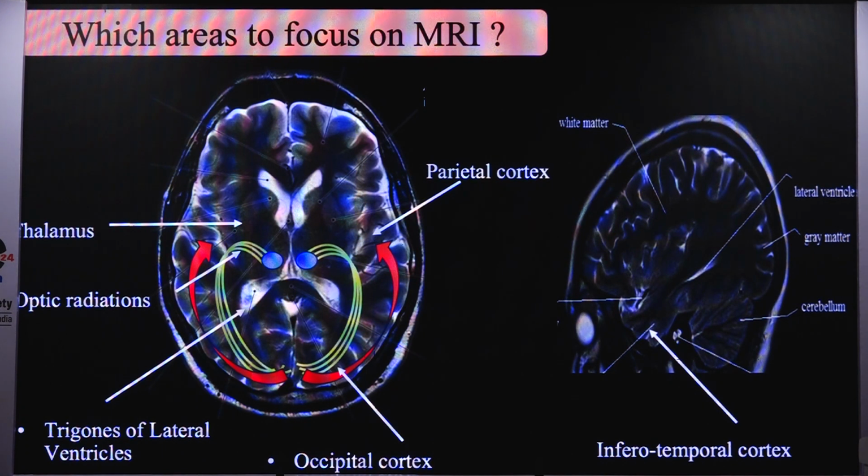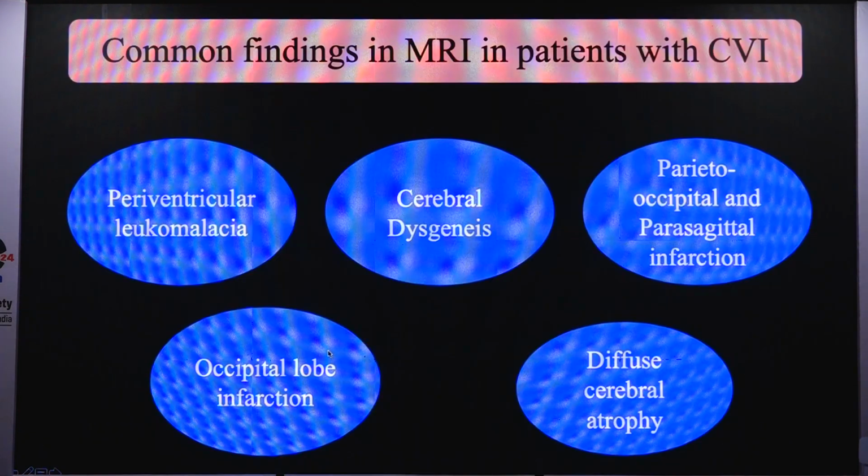Like we discussed, it is the retrogeniculate pathway which causes higher visual function deficit. So you should focus on the retrogeniculate pathway, which includes optic radiation, the parietal cortex, the trigones of the lateral ventricle, the occipital cortex, the thalamus, and the inferotemporal cortex.